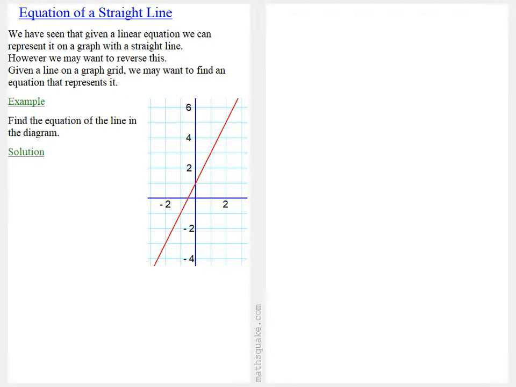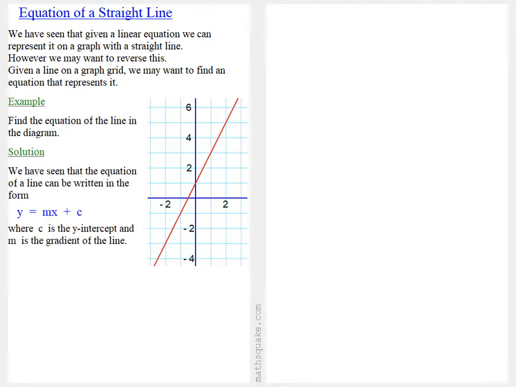Well, to solve this, we've seen that the equation of a line can be written in the form y equals mx plus c, where c is the y-intercept and m is the gradient of the line. So all we need to do is find out what is the y-intercept and what is the gradient. Well, we see the line crosses the y-axis at 1, so c is equal to 1.